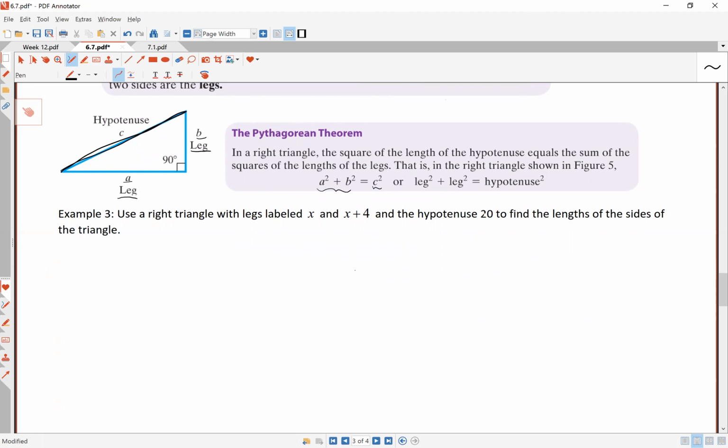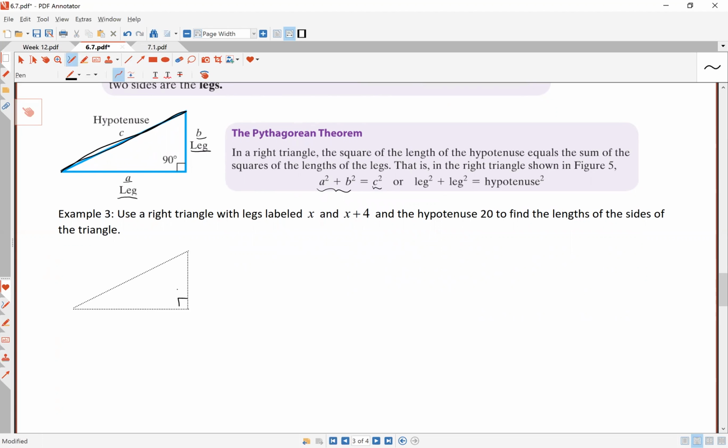So anytime we have these right triangles, we label our 90-degree angle.